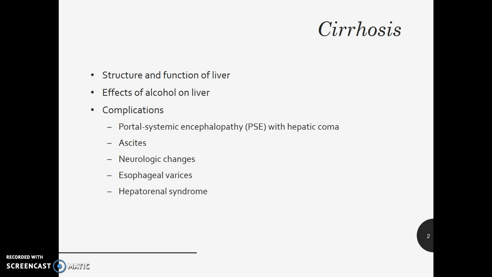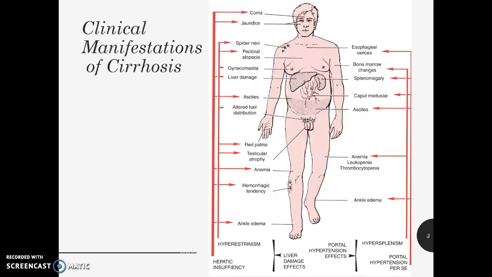And then they can also develop hepatorenal syndrome, where they have complications of the liver that lead to renal disease. These are the broad range of all kinds of clinical manifestations in which, with cirrhosis, you can see patients with all these kinds of issues.